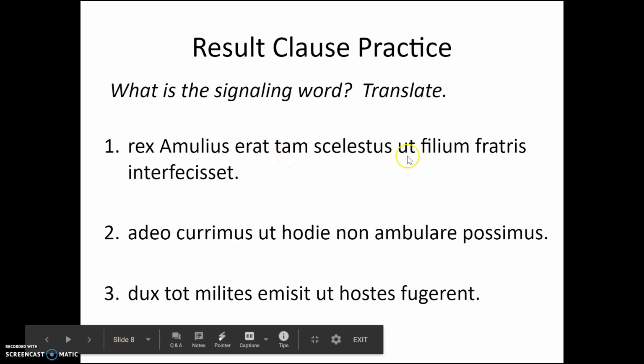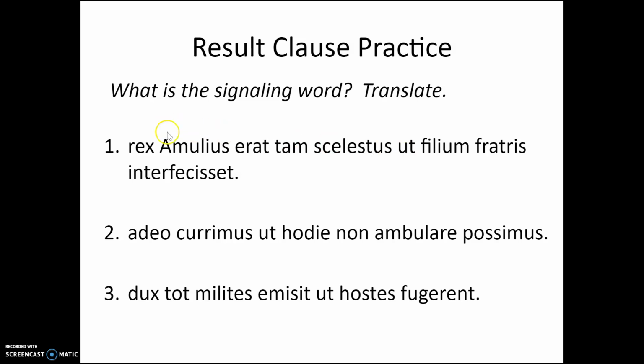Tam, I've got my ut in the middle, and my verb here is interfecisset. So my signaling word is tam, meaning so. Interfecisset has that isse in the middle, so I know that that's a pluperfect subjunctive. All right, so let's translate.